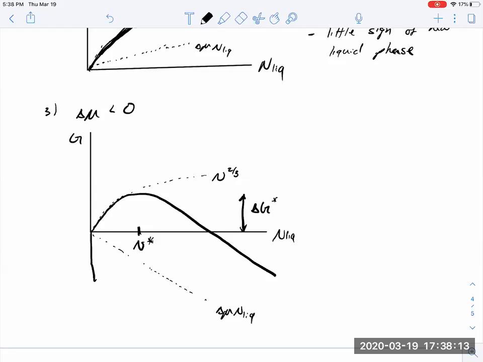So even though the liquid is stable, it still has potentially a substantial barrier to transforming the vapor to the liquid, from growing a droplet of liquid particles in this vapor.